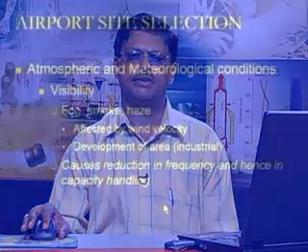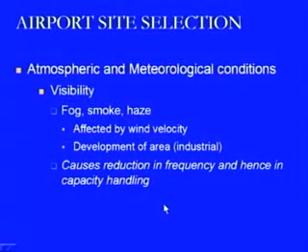In the atmospheric and meteorological conditions, the very first thing is the visibility, because at the time of taking off and landing, visibility is an important factor. This visibility gets disturbed by things like meteorological conditions which get created in terms of fog or haze, or there may be smoke because of, again, the meteorological condition and the development in the nearby area.